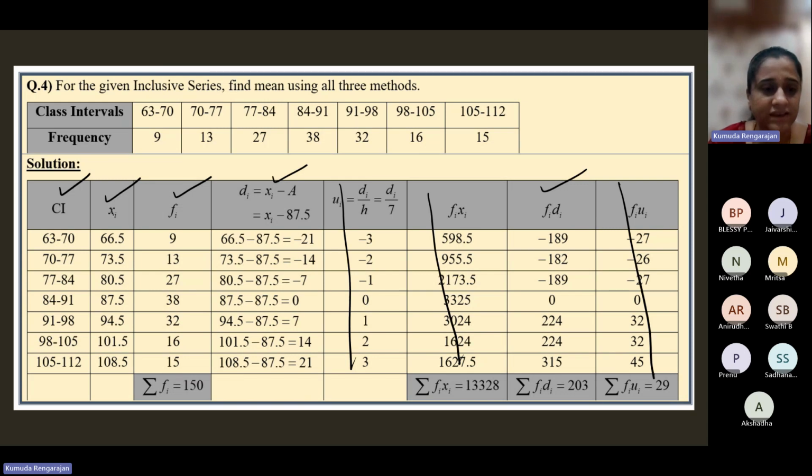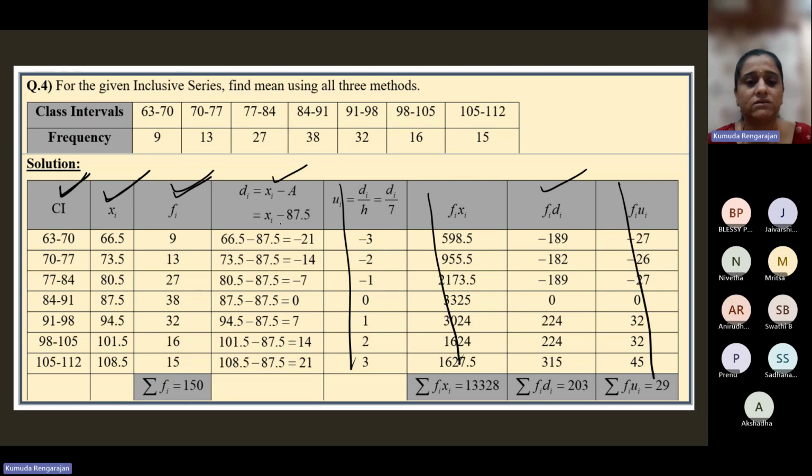Now, this XI and FI column order is not important. You can write XI first and then FI column. Don't worry about the order. You can write anything first. So after the class intervals column, I've written the XI column. That is the class marks. Then the frequency, FI.